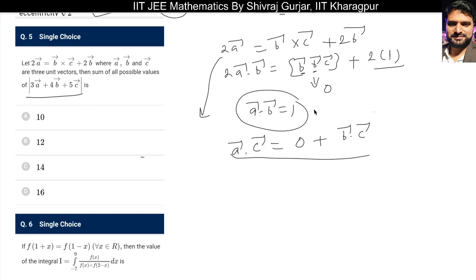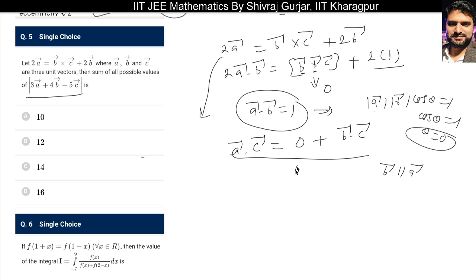Okay, from here A dot B is 1 means modulus of A modulus of B cos theta equals to 1, but these are unit vectors, so that gives cos theta 1. So theta is 0. So B vector is parallel to A vector, that will make B vector equals to lambda A vector.